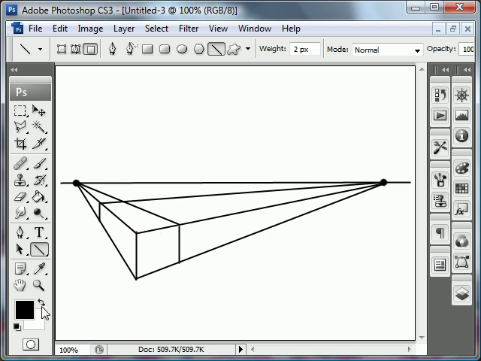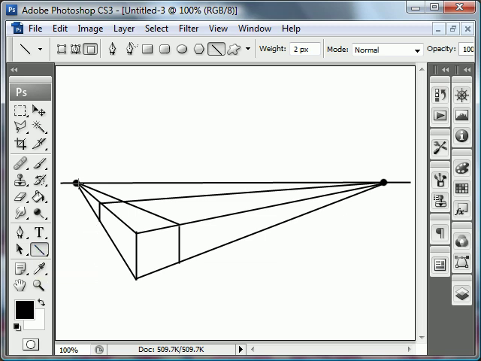So it's a matter of thinking about what edges are parallel to what edges in reality, and so that's how you keep in mind the mantra of perspective, which is that parallel edges that are moving away from you recede to the same vanishing point. Okay, so in this case we have two sets of parallel edges going to two vanishing points.